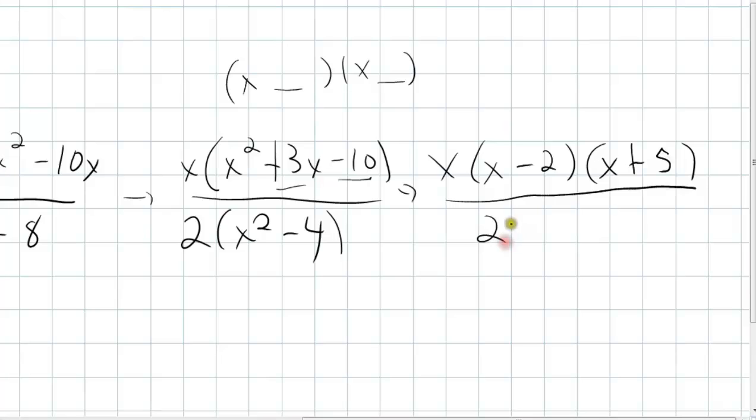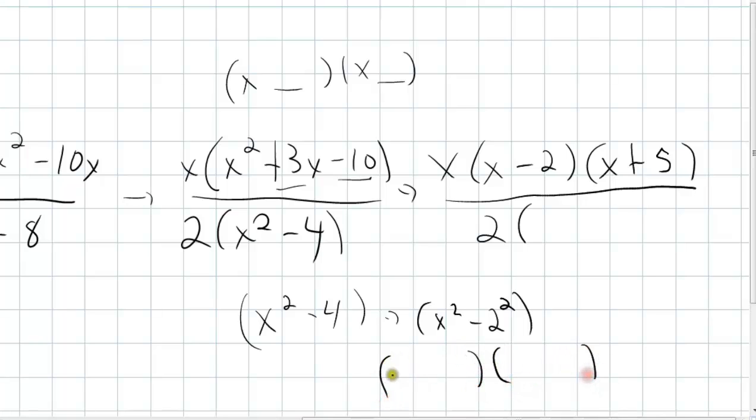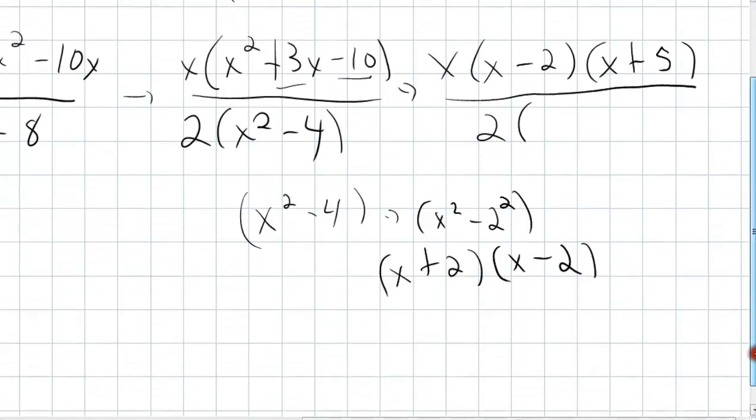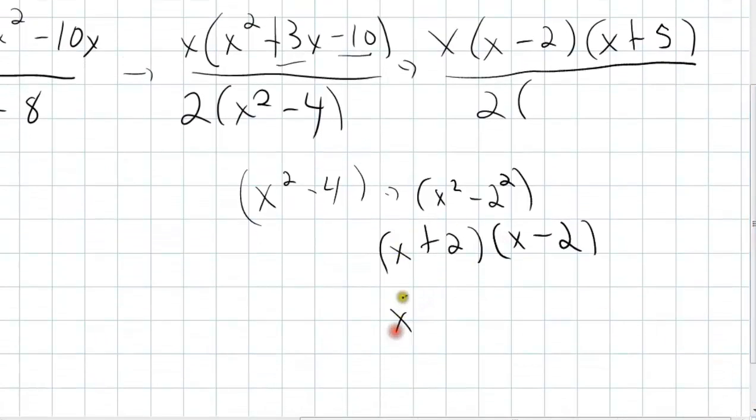And then on the bottom, if you look at this, this is what we call a difference of squares. When you see x squared minus 4, you can think of it as x squared minus 2 squared. When you had it in this form, there was a plus 2 here and a minus 2 here. Then you multiplied out: x squared minus 2x plus 2x minus 4.